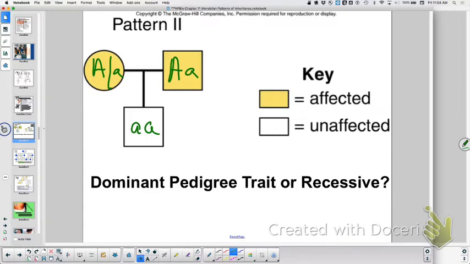Let's do sex-linked. If this is a sex-linked disease, let's start with the ones who have it. Mom, in order to have a sex-linked disease, would have to be what? X what? Little a. Because she would have to have both of her little a's give her that disease, yes, in order for her to express it. Okay, what about dad?